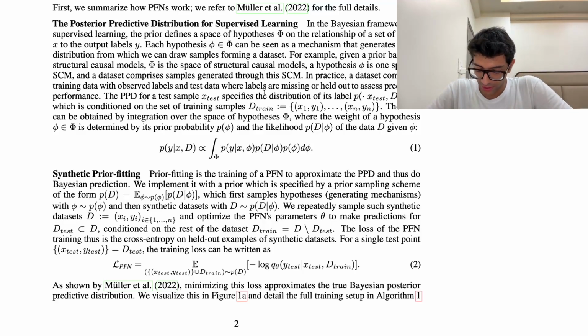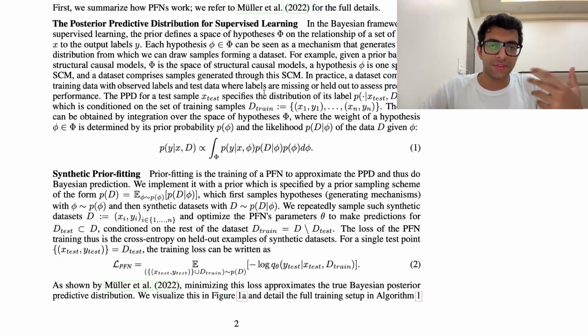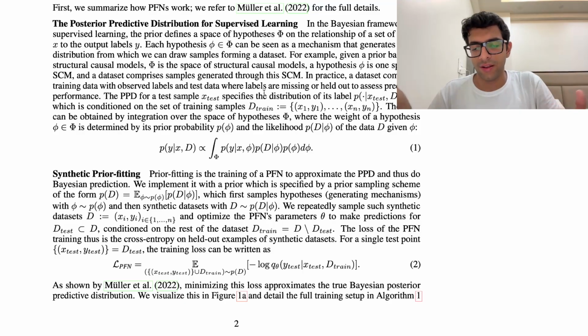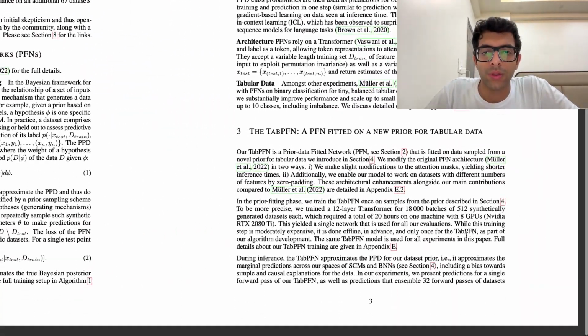One is for the training and one for the testing, and the Tab PFN calculates its training loss entirely using the synthetic data sets generated by its prior. So as you got from that sentence, the prior creates the synthetic data sets over which we then train. Right. Now these priors in itself have two parts over which they understand stuff. Okay. So we want to work with that now.